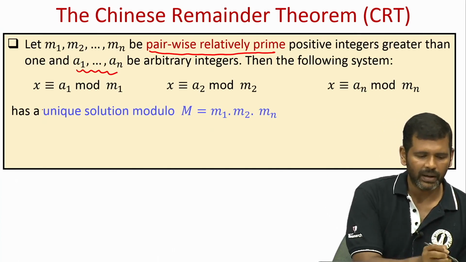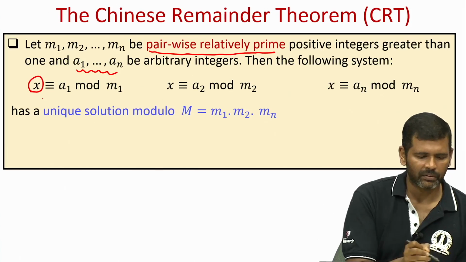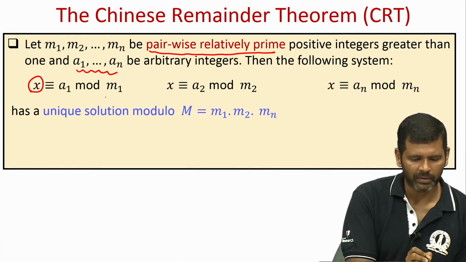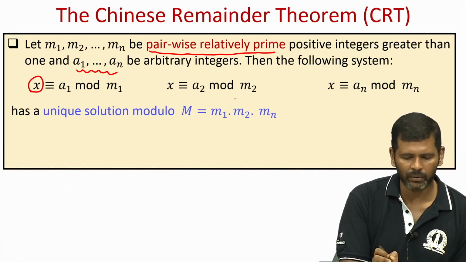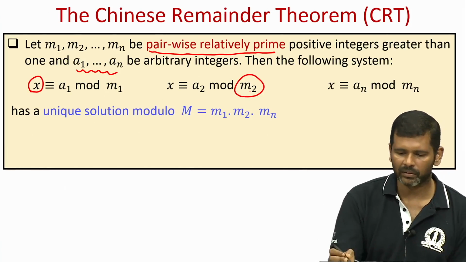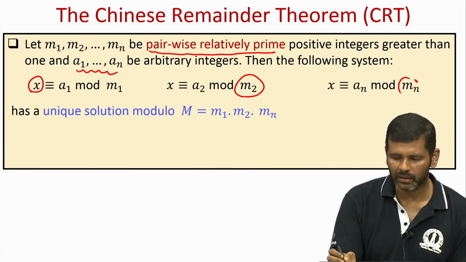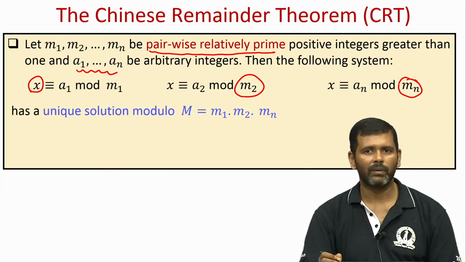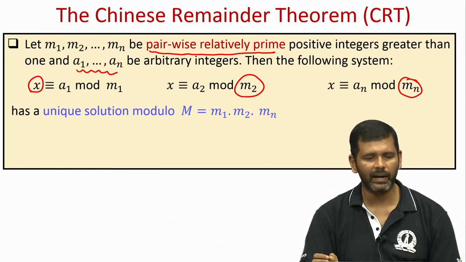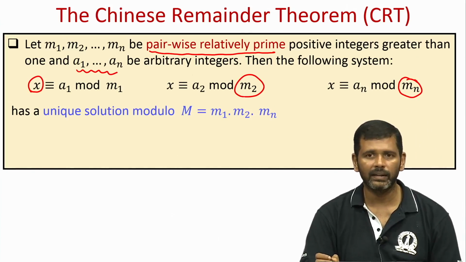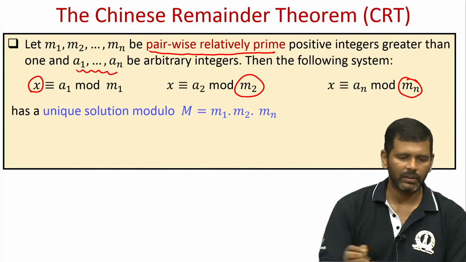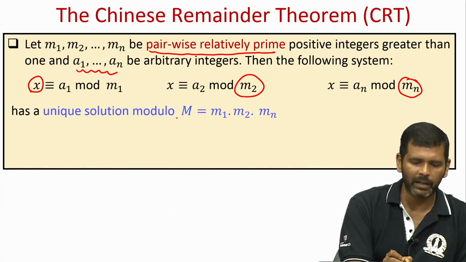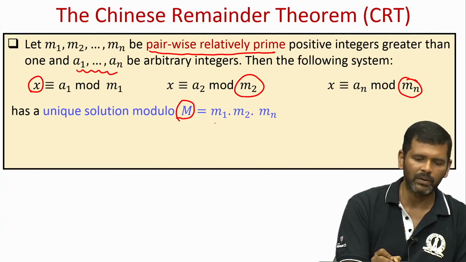You have to find an unknown x which is congruent to a1 modulo the first modulus, a2 modulo the second modulus, and an modulo the last modulus. Now, what is the Chinese remainder theorem? It says that this system of n linear congruences has a unique solution modulo the bigger modulus. And what is the bigger modulus? It is defined to be the product of the n moduli.